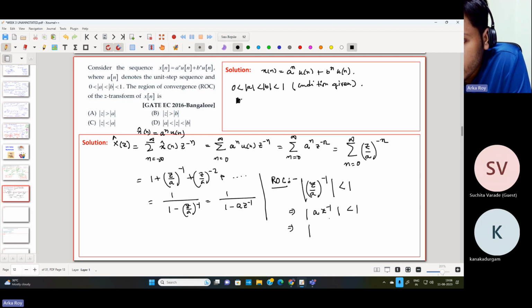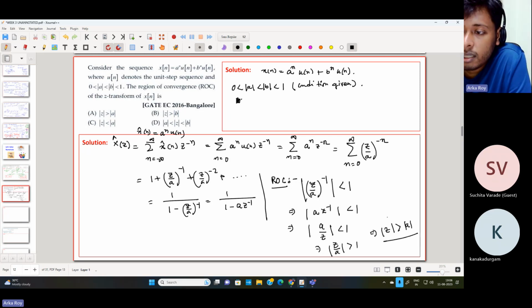So this I can further write like z to the power minus 1, so a by z less than 1. So I can just say z by a should be greater than 1. So mod z should be greater than mod a. So this is the ROC of this particular first sequence.